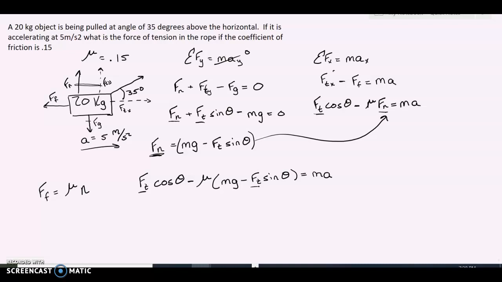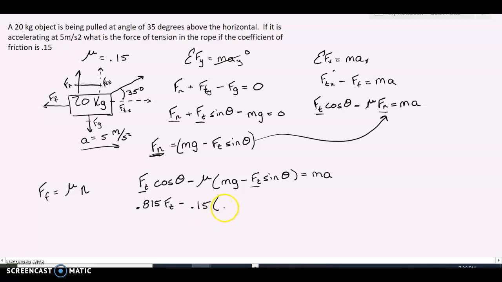So I know cosine of 35, if I plug that into the calculator real quick, that would be 0.815 force of tension minus mu, which is 0.15, times mg, which is 20 times 9.8.